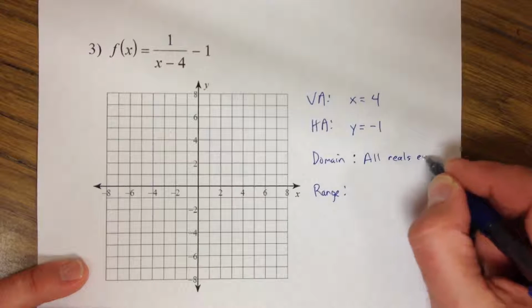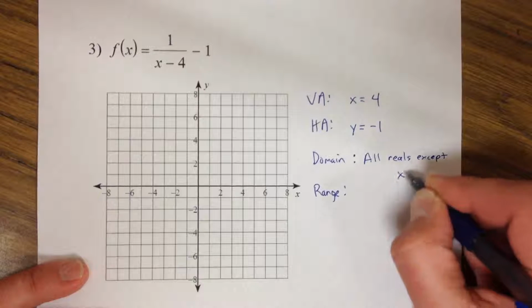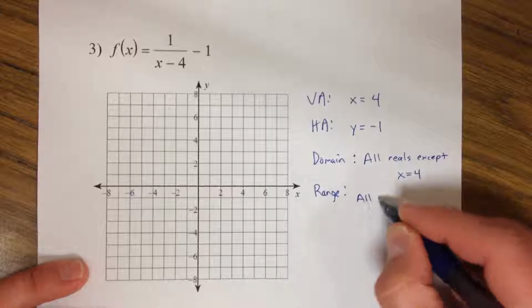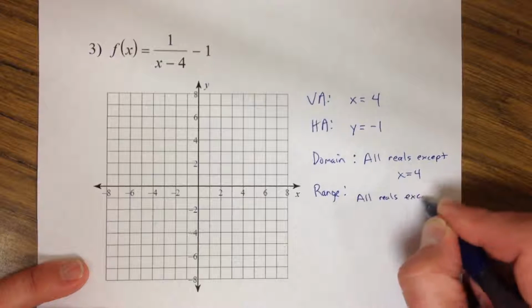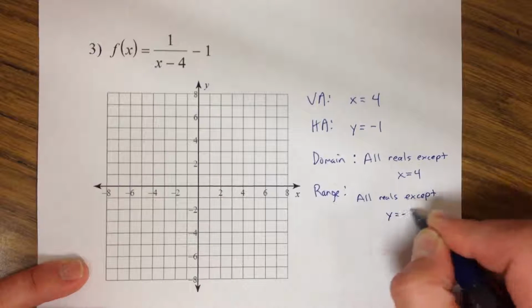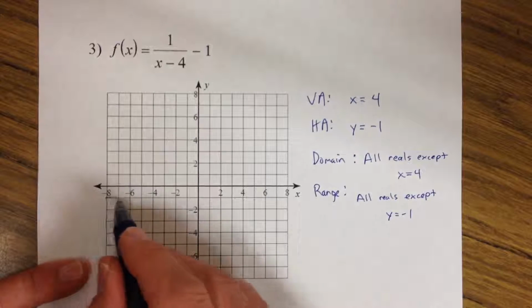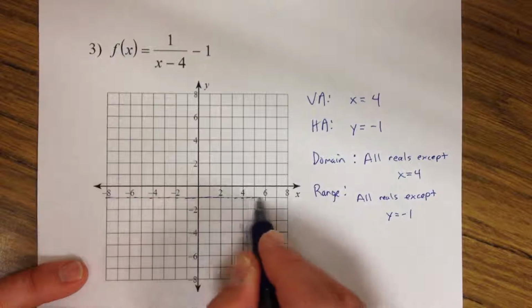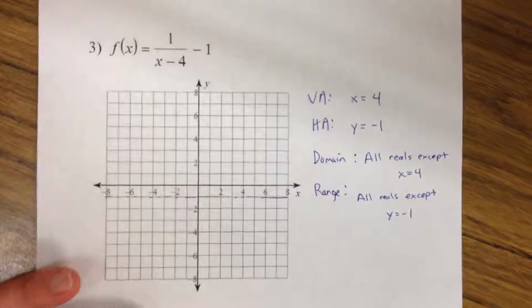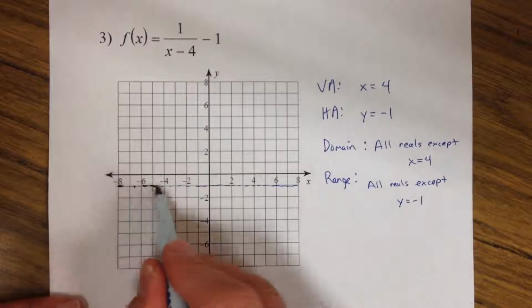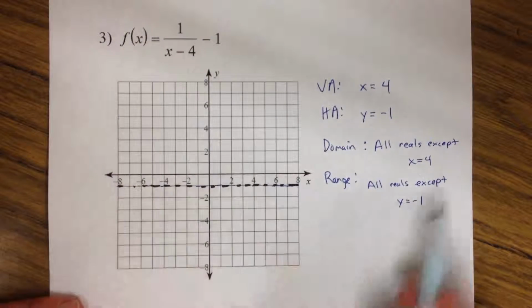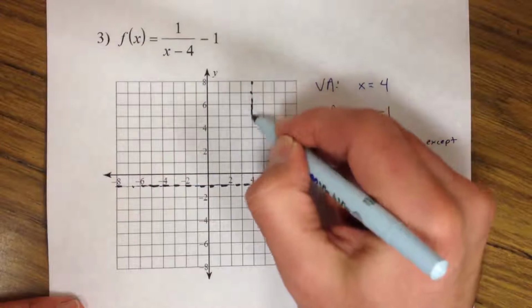So all reals except x equals 4. And this one's all reals except y equals -1. So there's a boundary line. You might not be able to see that. And x equals 4 is out here.